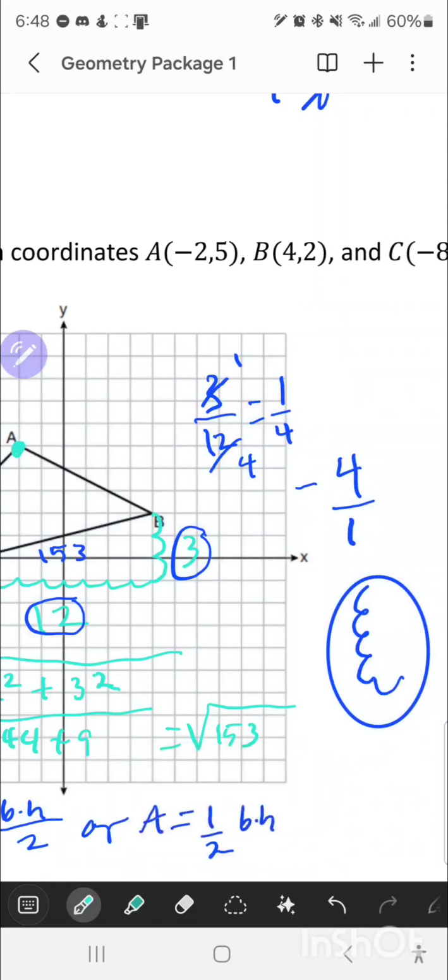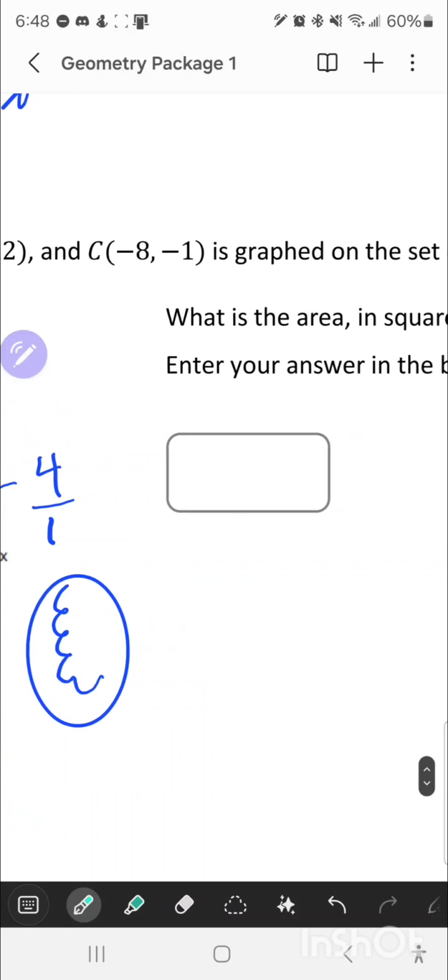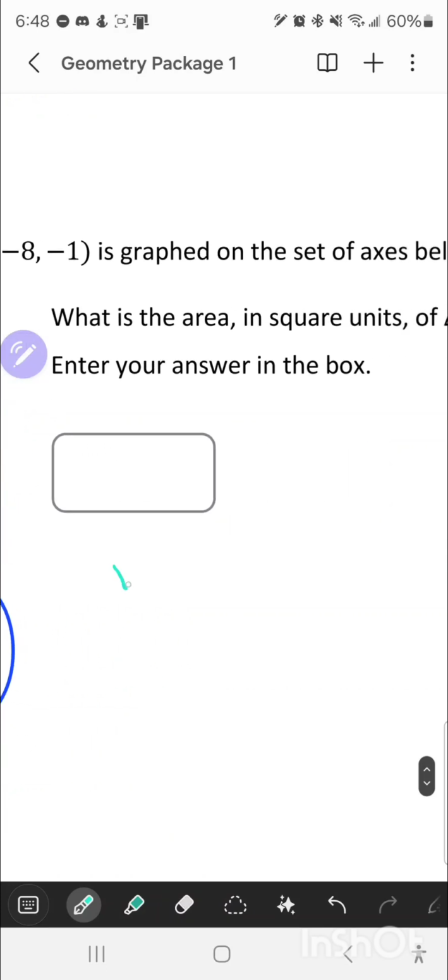I'm going to use the equation we were using before: y minus y1 equals m times x minus x1. I'm going to need to use it twice. Maybe there is another way to do this. I don't know right now. I can't tell you about that. So okay, this is what we have.